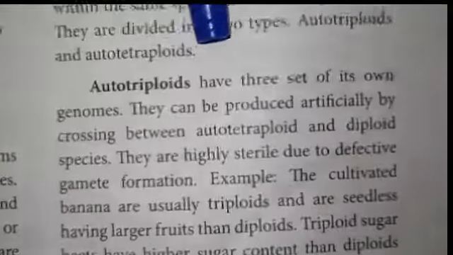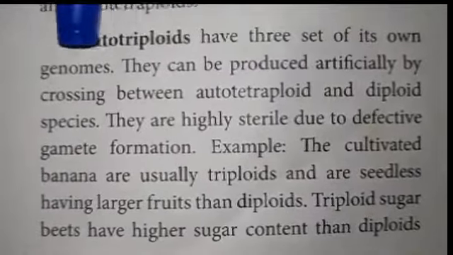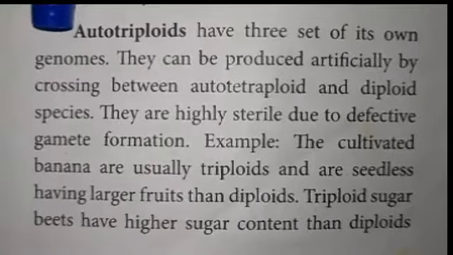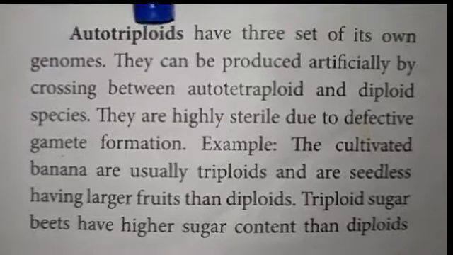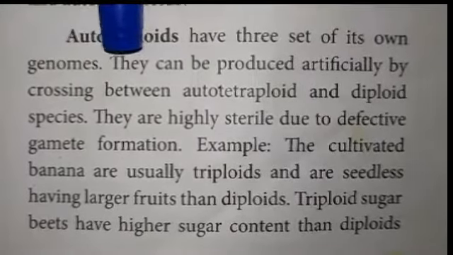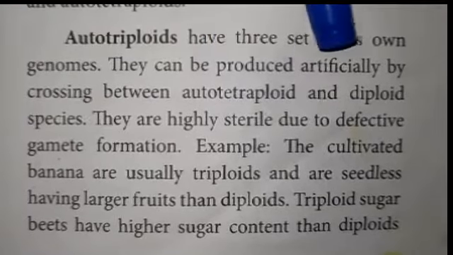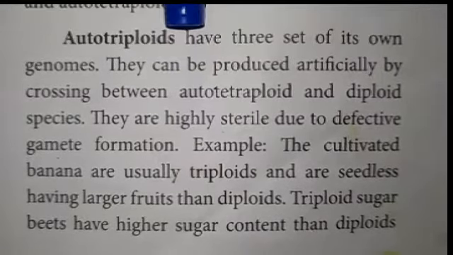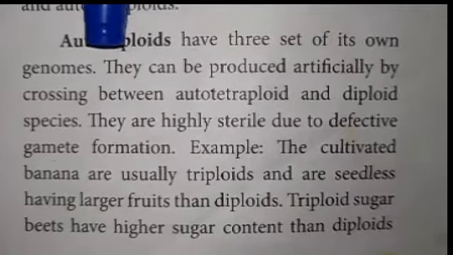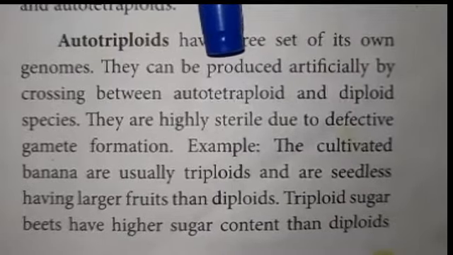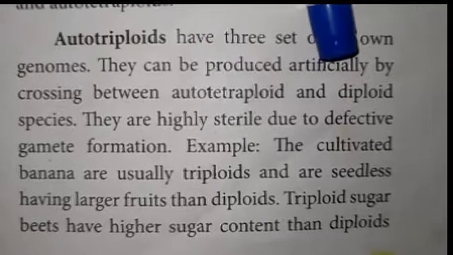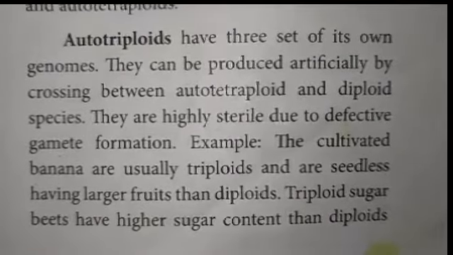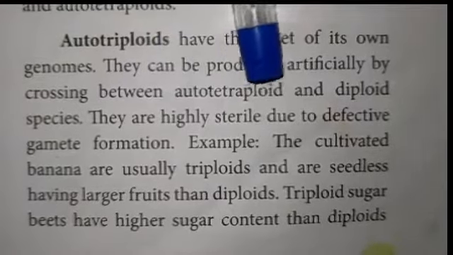Autotriploids have three sets of their own genome. Genome means the totality of the DNA. They are produced artificially by crossing autotetraploids, which have four sets of chromosomes, with diploids, which have two sets.